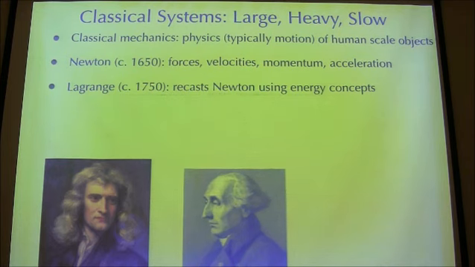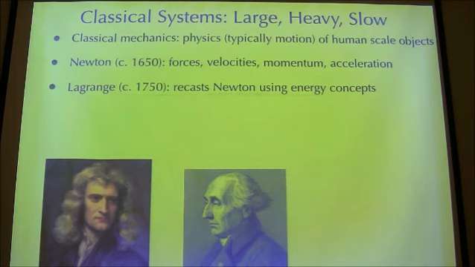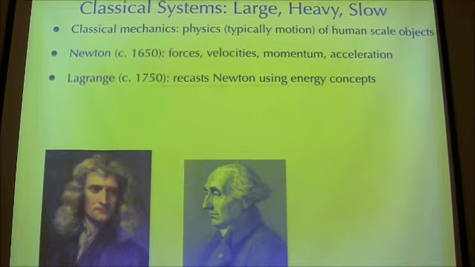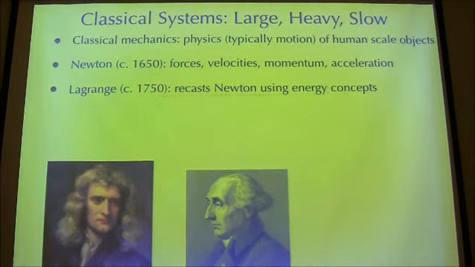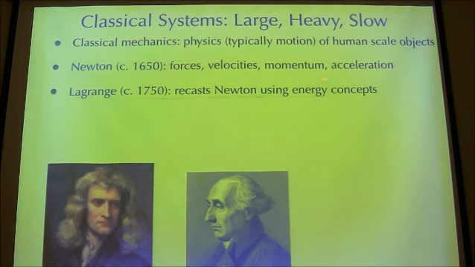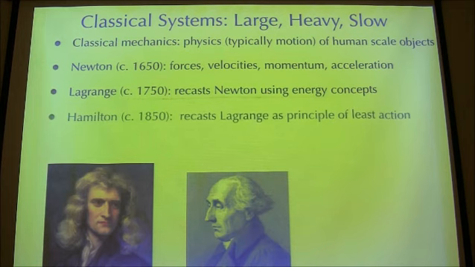Very foundational concepts. But then roughly, it's interesting about the scale of progress, by the way. So roughly a century later, we have Lagrange, who's recasting Newton in entirely different ways, leading to the ideas of Lagrangian mechanics. And the key concepts here are really energy, different types of energy.